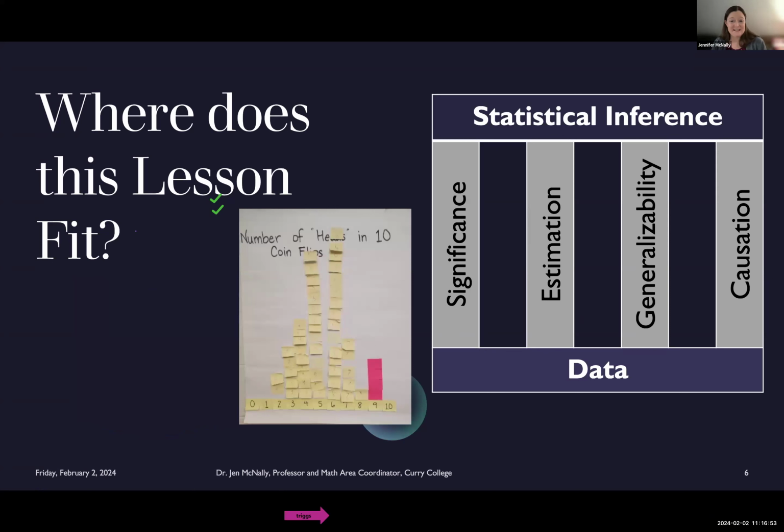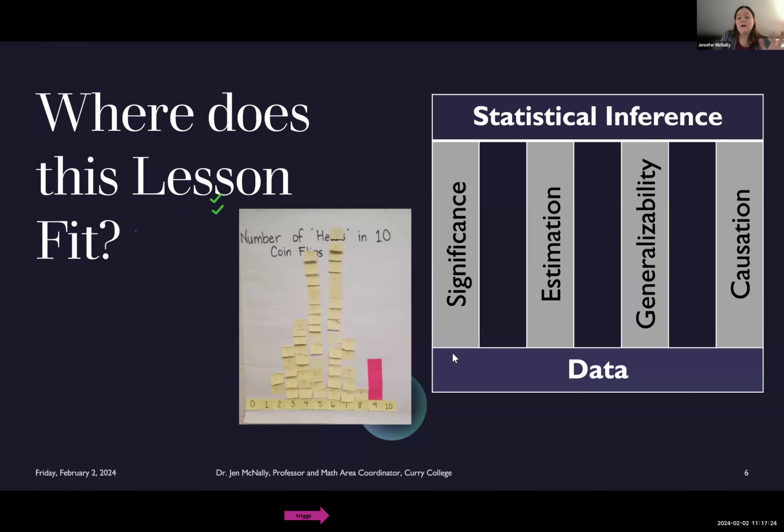So, to teach significance in the simulation-based inference model, we really want students to develop a core understanding that the whole point of statistics is to take our sample, which is limited. It gives us limited information, but we compare that to this model that could have happened by chance alone to see whether our results are really exceptional or extraordinary.